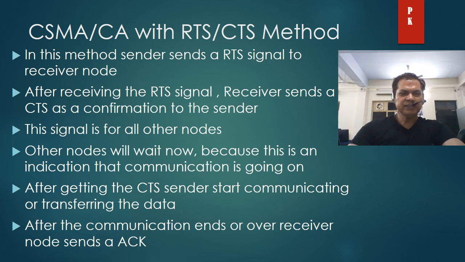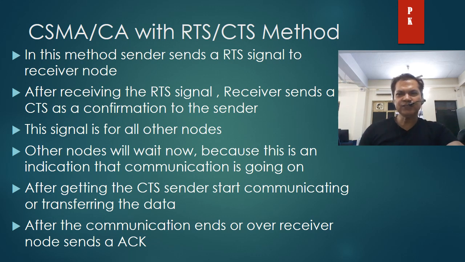The second method that CSMA/CA uses to confirm delivery is the RTS/CTS method. In this method, the sender first sends an RTS signal to the receiver. The receiver, after getting the RTS signal, sends a CTS, that is clear to send, as a confirmation to the sender.